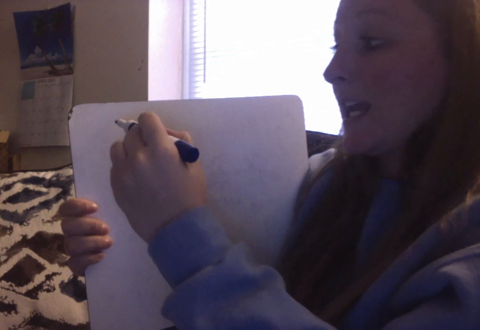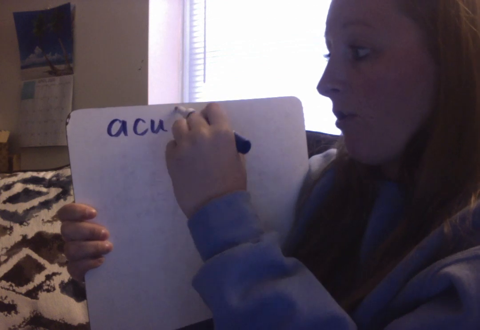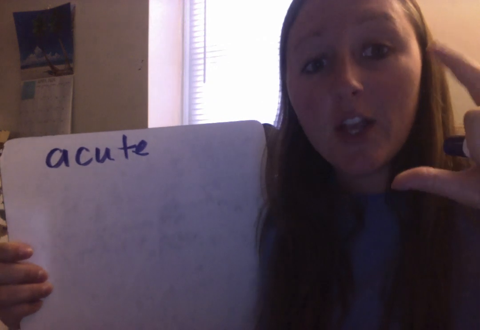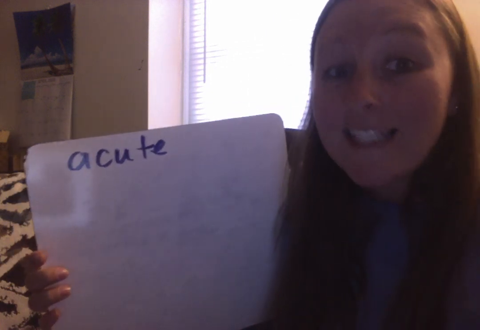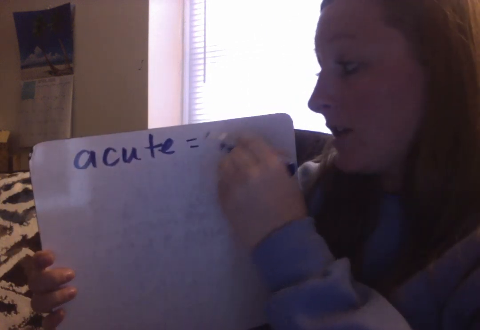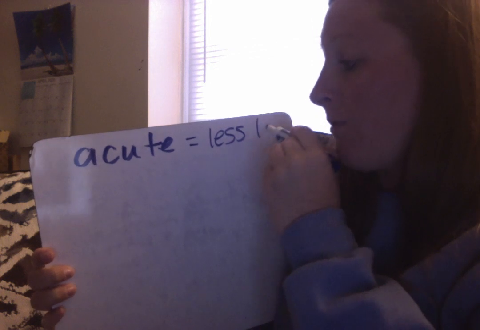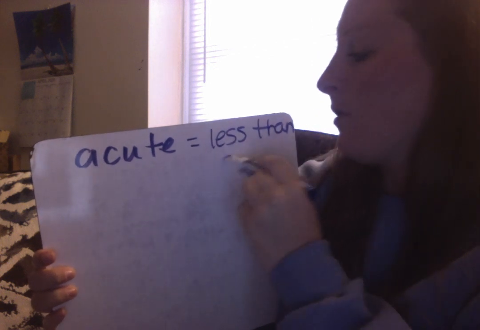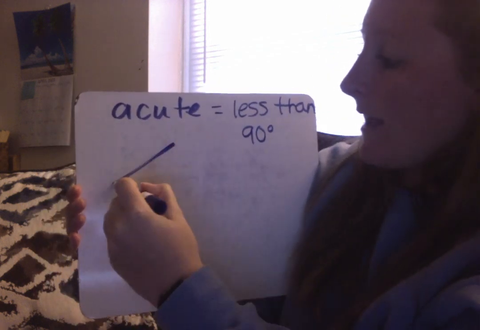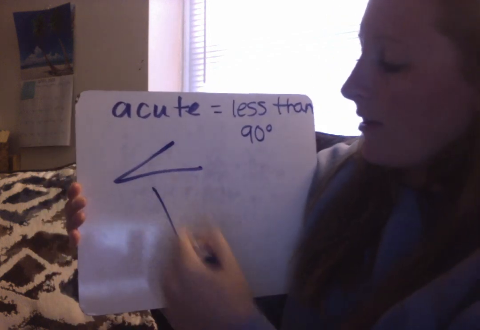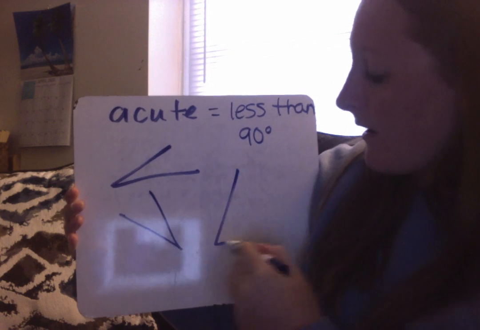Next angle that we talked about was an acute angle. In acute, remember we reminded you that acute angles are tiny because they're so little, itty bitty and cute like little bitty babies. So an acute angle is less than 90 degrees. An acute angle might look like this, or this, or this.